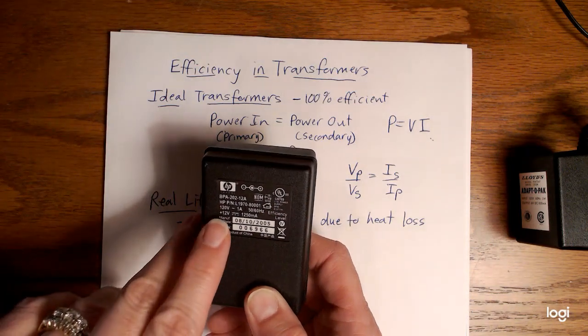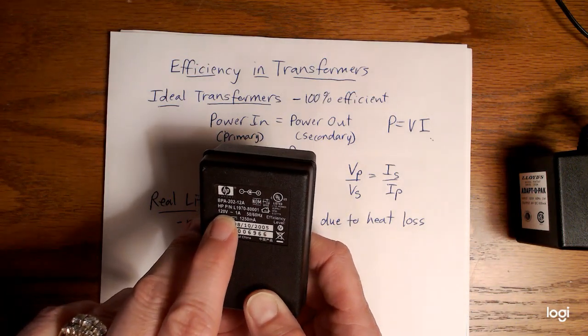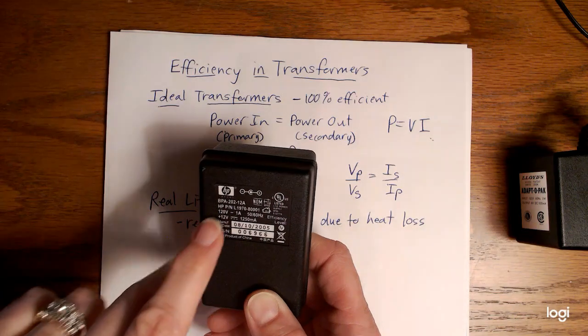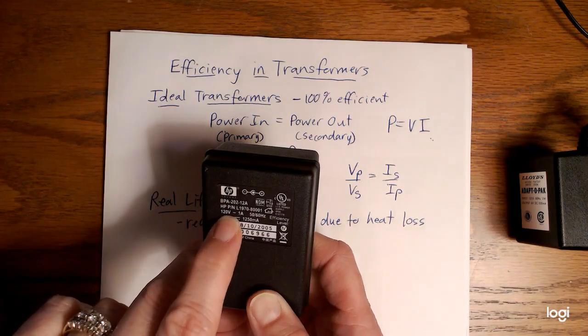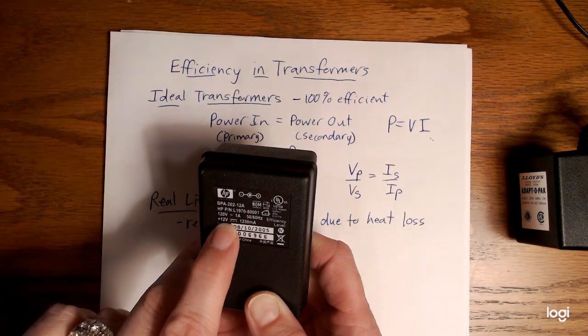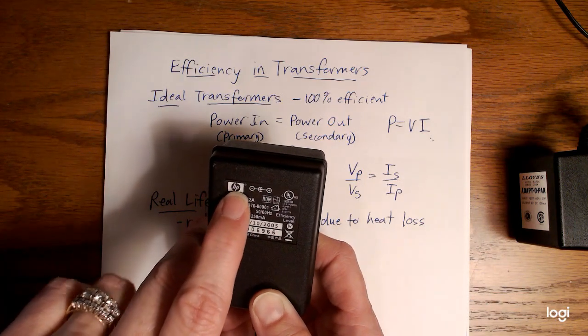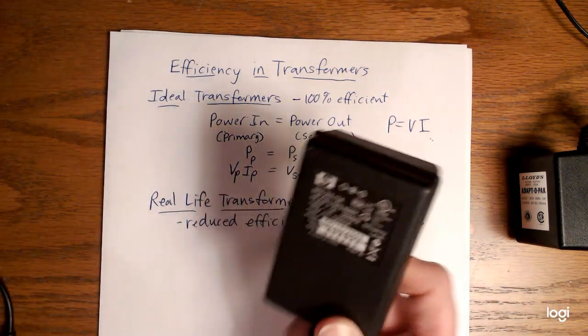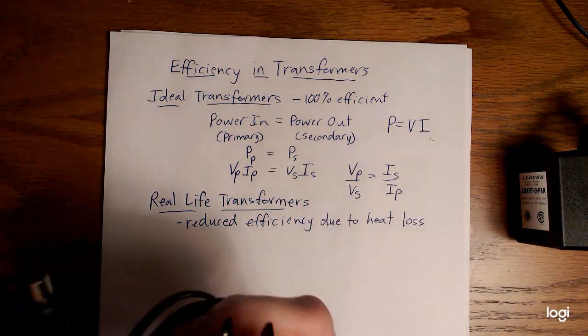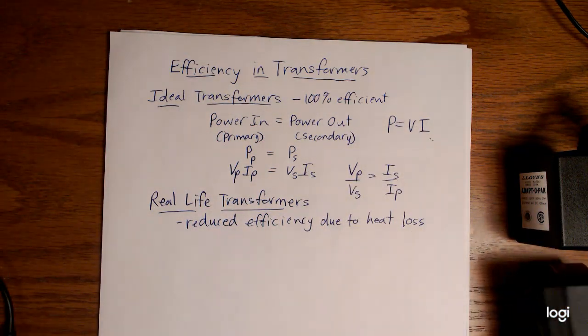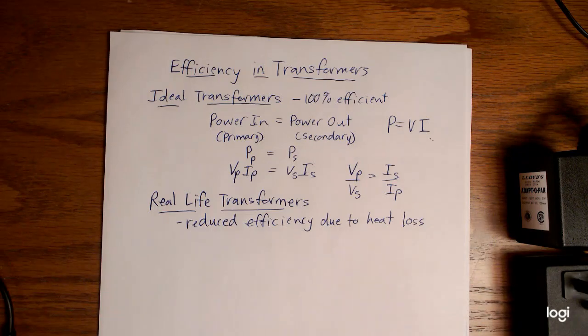You can go and check on your device. Even the little white cube has a value typed on it: 120 volt input, positive 12 volts. This is an HP adapter. It has a transformer inside that's going to convert whatever's coming from the wall into something usable by your device. Okay, so check that out for your device right now.